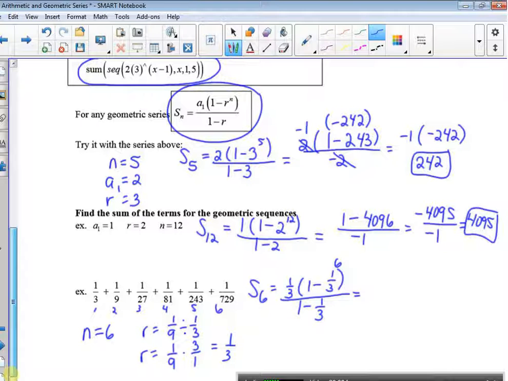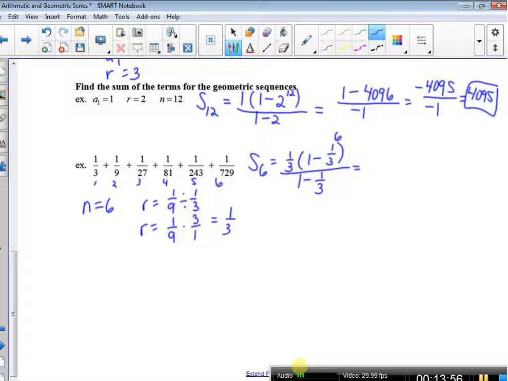So that is equal to, let's do this, 1/3 times 1 minus 1 over 729. 3 to the 6th is 729. And 1 minus 1/3 is 2/3.